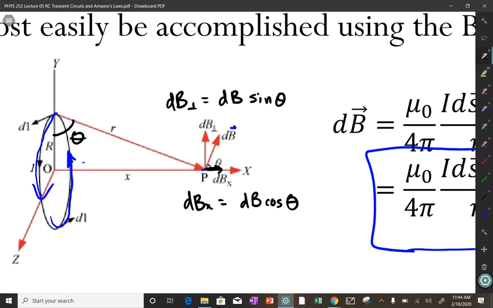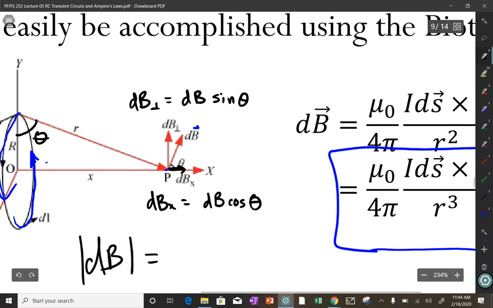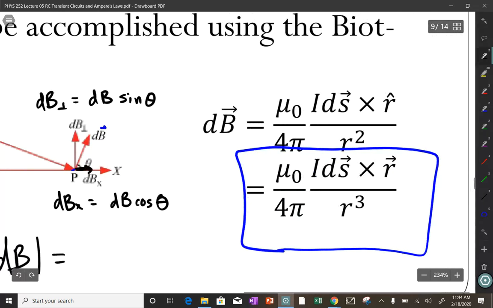Now, what's the magnitude of dB? Isn't it just the sum of those? No. Well, that would be true, but I'm looking at the blue equation, because that's what I'm plugging into each of those. The magnitude is just I ds, isn't it? Well, we have mu naught over 4 pi, r cubed, and then we have, let's not forget the I, because I've done that before.